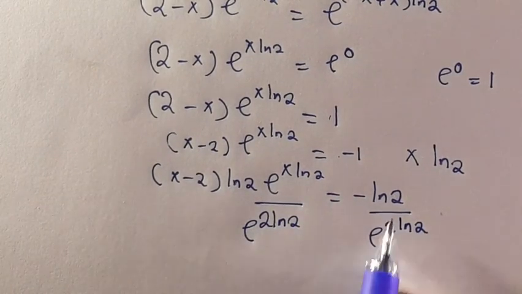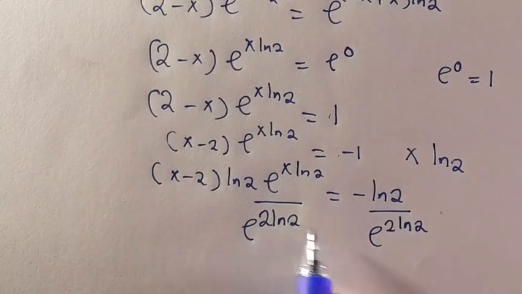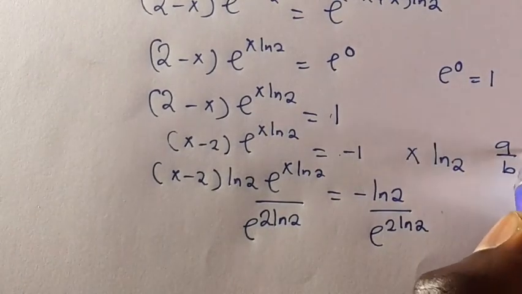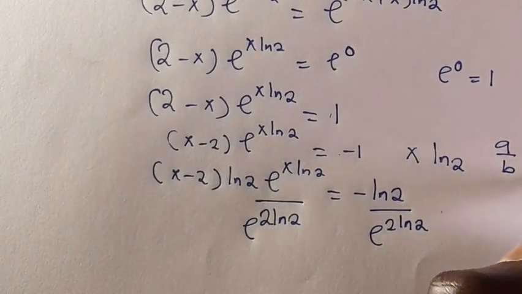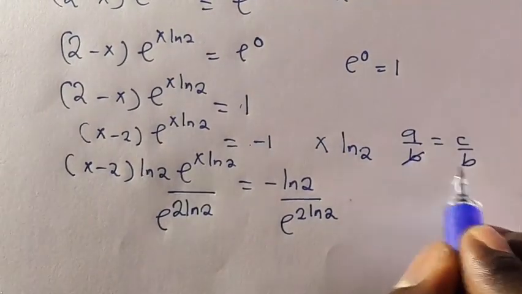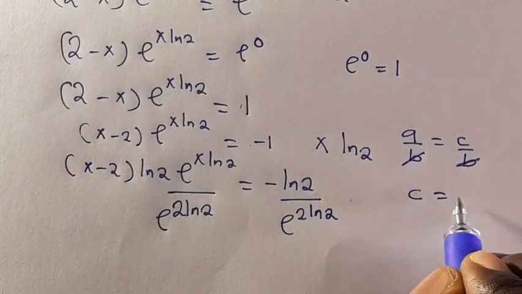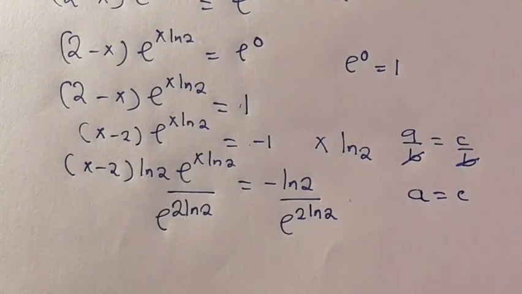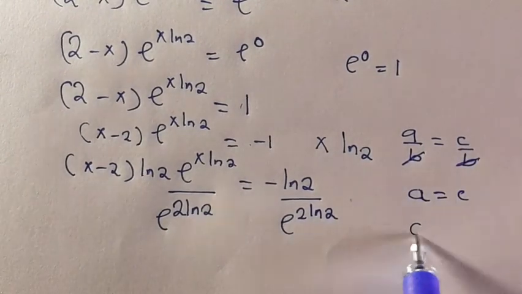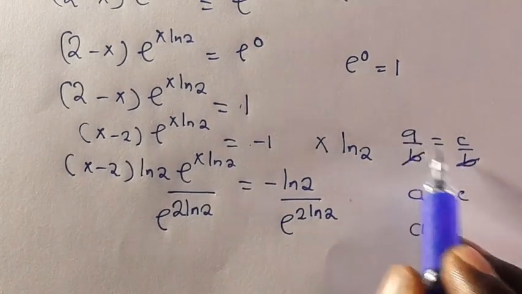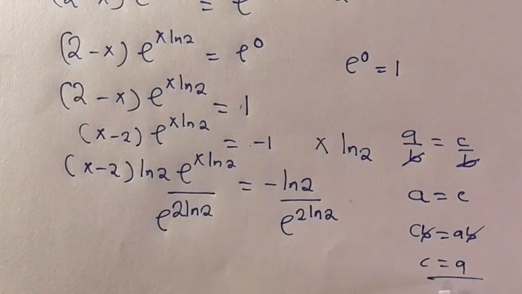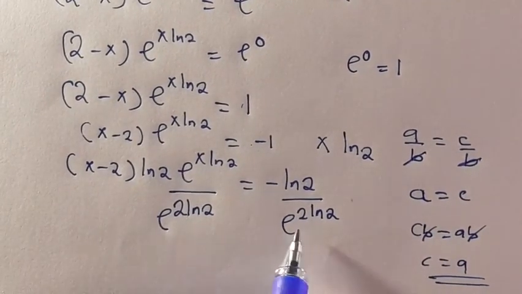Having it here won't affect them. When you have a divided by b equals c divided by b, cross multiplying gives cb and ab, and this takes away this, so c equals a. So having it here like this doesn't affect them.